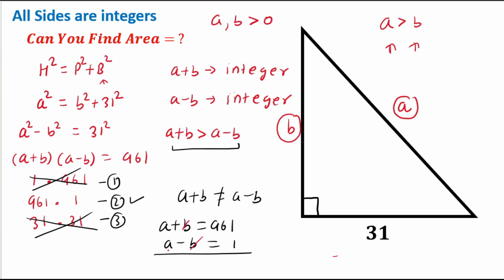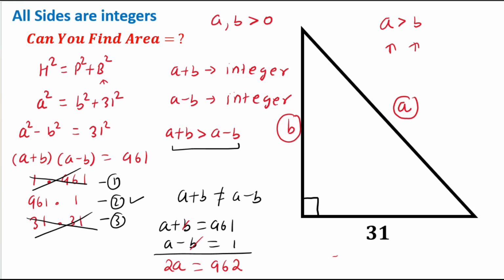A plus A is 2 times A, which equals 961 plus 1, that is 962. If we divide both sides by 2, then the value of A is 962 divided by 2, which is 481.